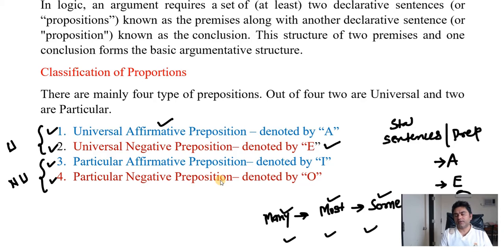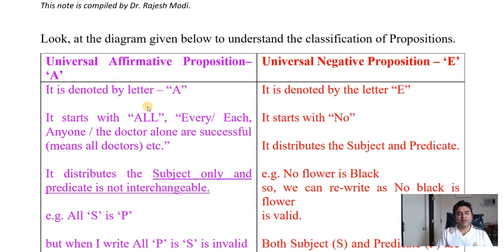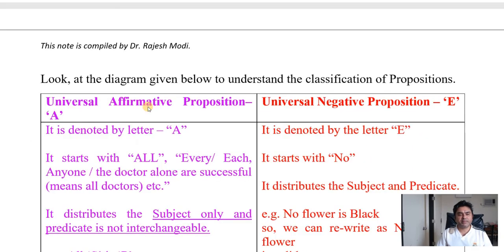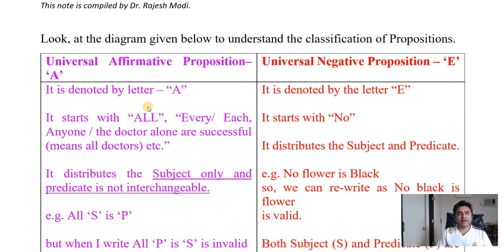Now let us understand with an example, with a statement. Look at the diagram given below. Understand the classification of proposition. First I declared the universal affirmative proposition. In universal it includes all, affirmative means something positive, and proposition means statement. This kind of statement always starts with all, every, each, anyone.